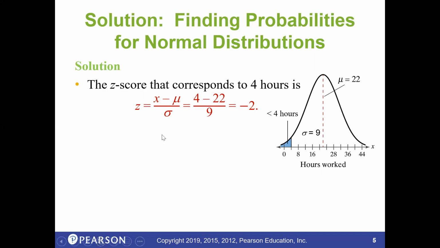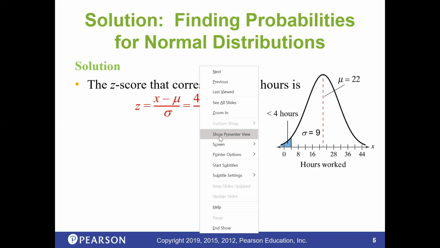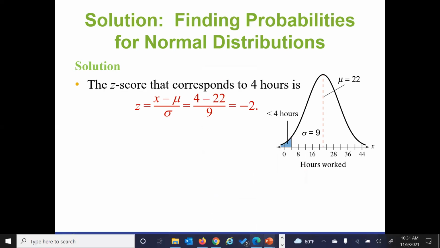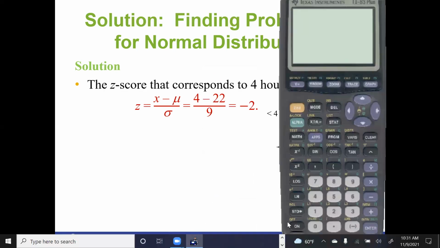I'm going to look it up by calculator. Let me clear, and go to second distribution, number 2. I have a z-score of, oh, hold on, I'm going to go from -10,000.